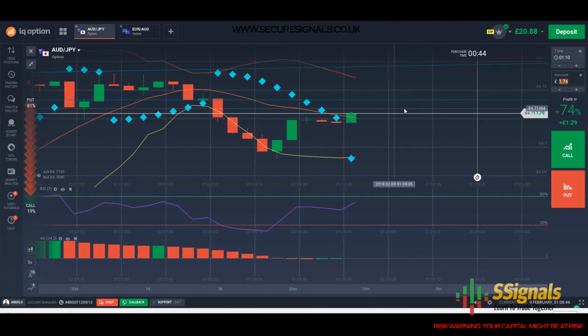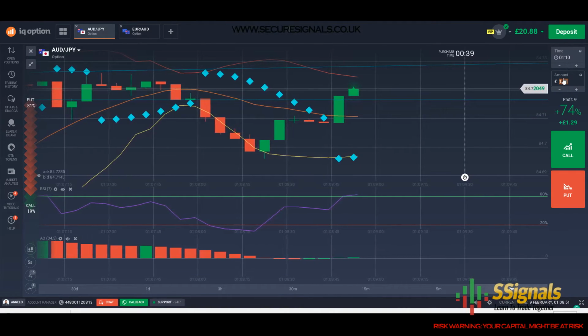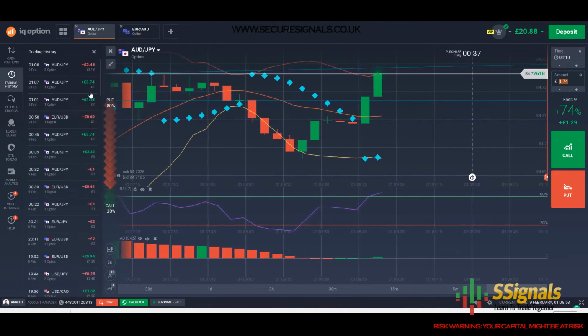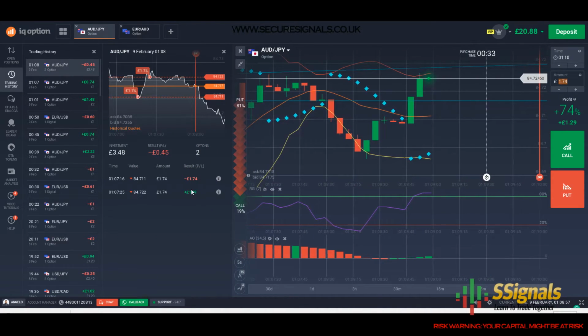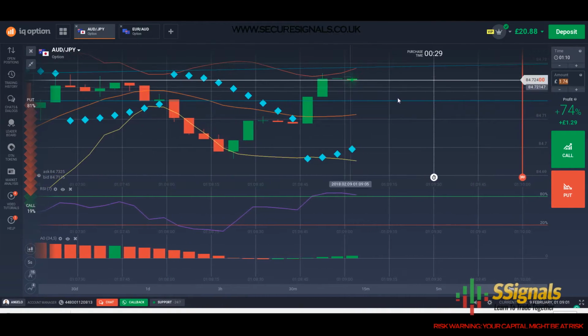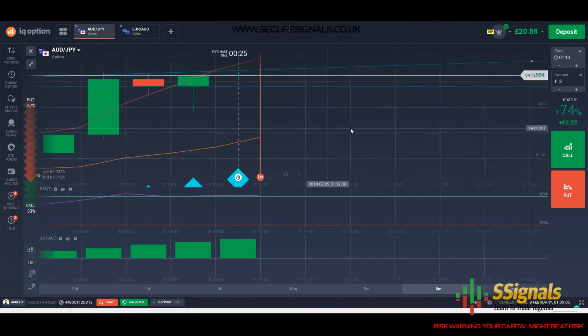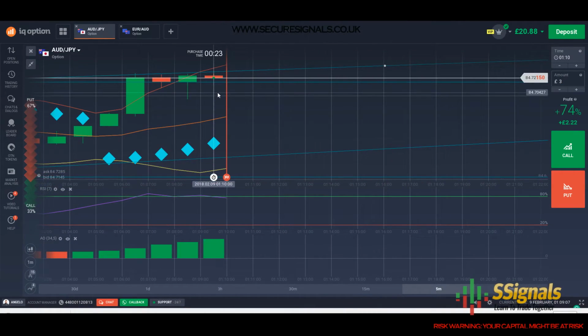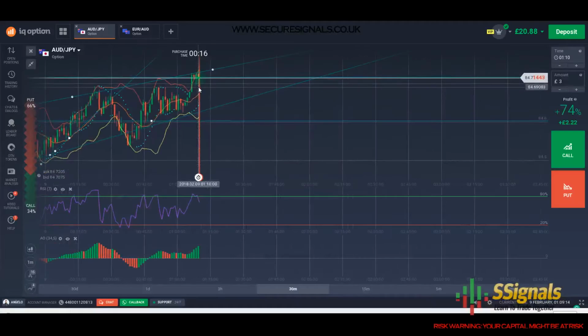So £1.74 at the payout, plus £1.29, which is about £3. Okay, so we're just going to enter for £3 on AUD JPY. Just going to wait for this candle to close and decide what to do.